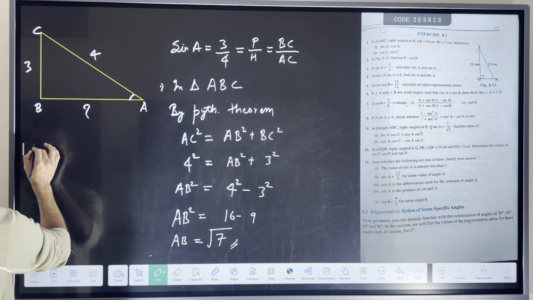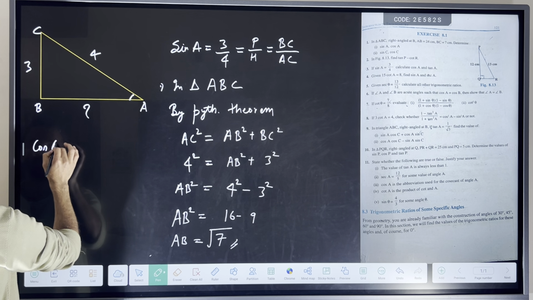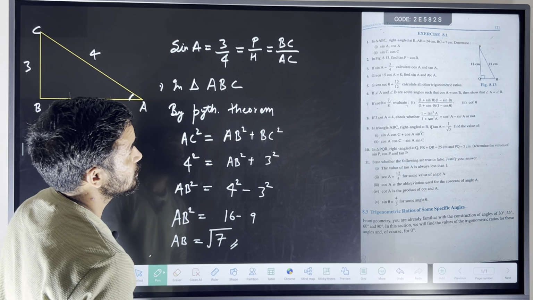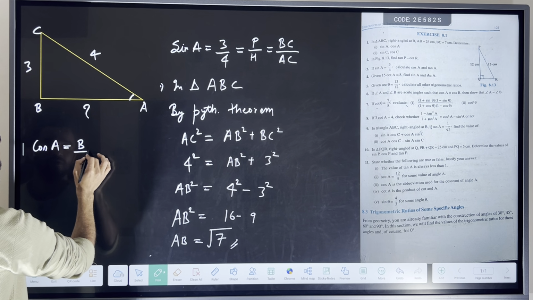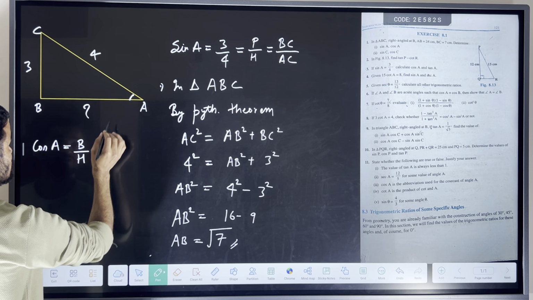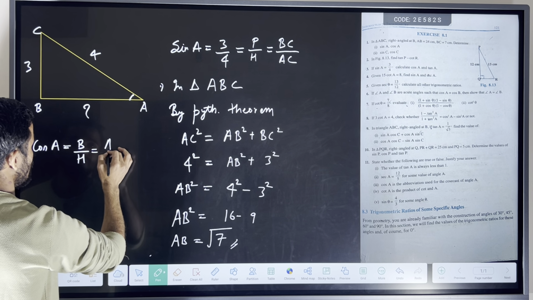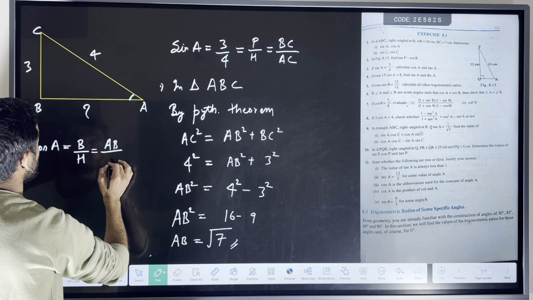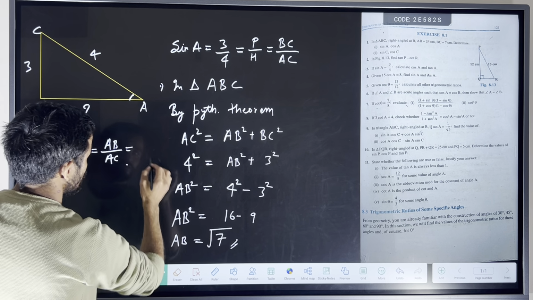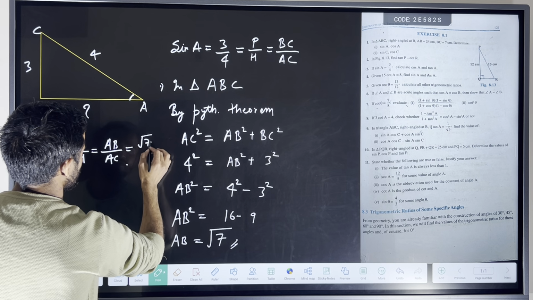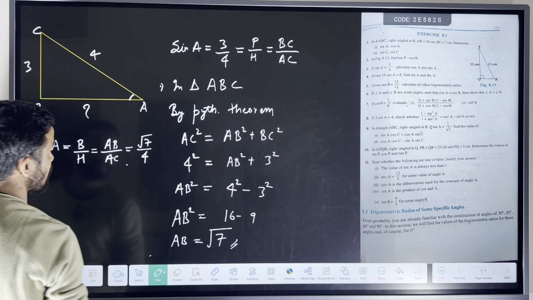Now cos A. Cos A is equal to base upon hypotenuse. What is base? For A, base is AB and hypotenuse is AC. Value of AB is root 7 and value of AC is 4.